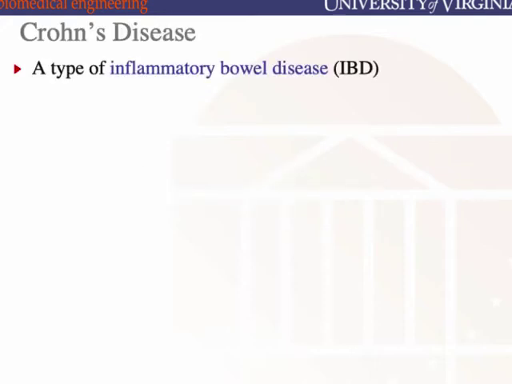All right, so what is Crohn's disease? It is a type of inflammatory bowel disease, or IBD. And just as the name implies, this is a disease of your colon and your small intestines, where you have abnormal amounts of inflammation that are often chronic in nature.